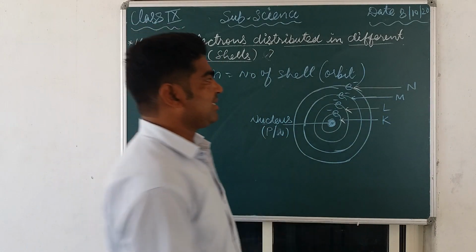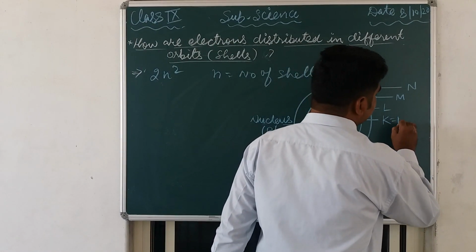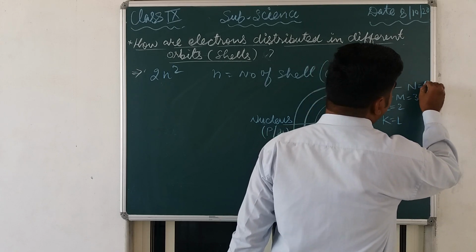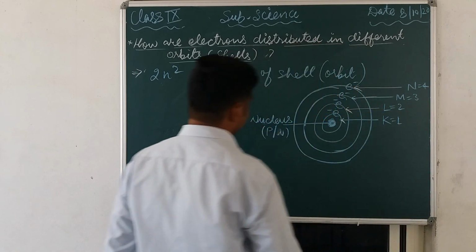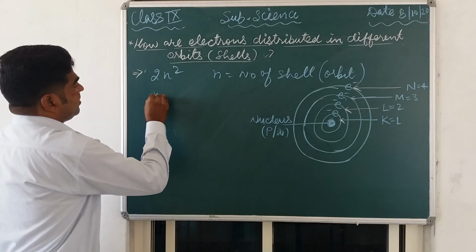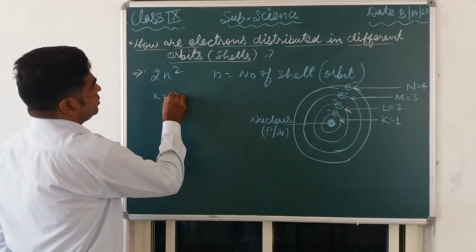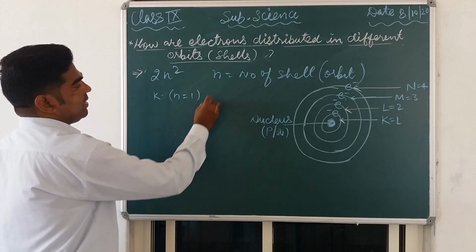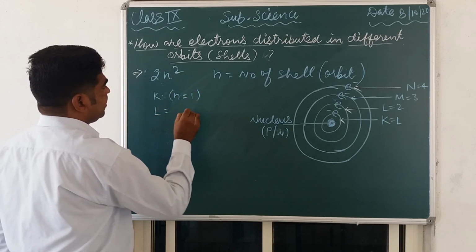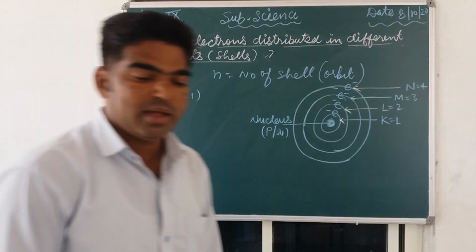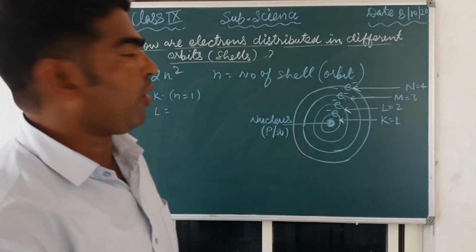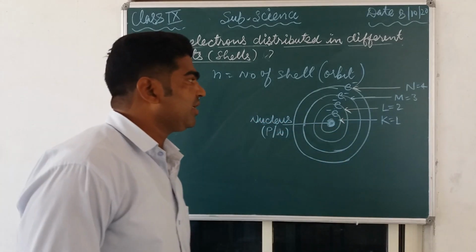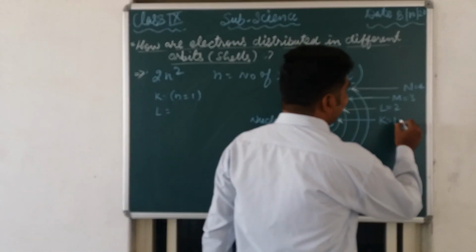This is the K cell, the first cell, then second, third, and fourth. Here n is equal to 1 for the K cell. So how many electrons can we fill in the first cell? For the K cell, the number of the cell is 1, the first cell, so n is equal to 1.